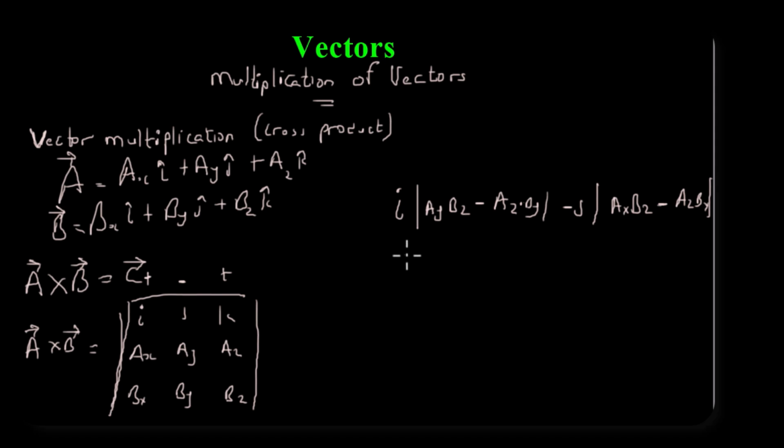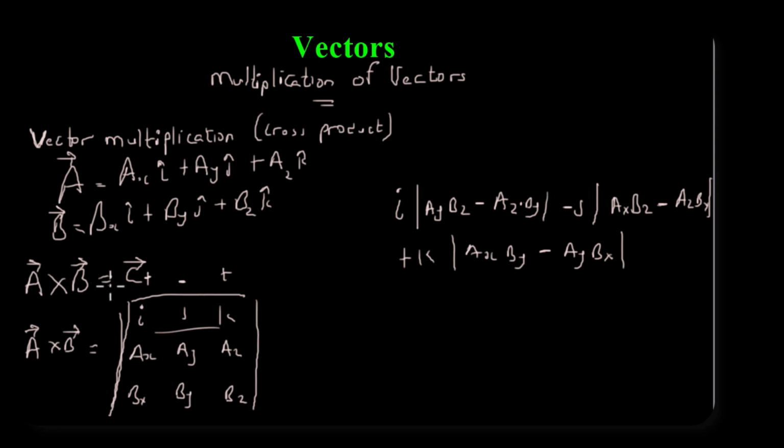And come to the last one, plus K. And do your parenthesis. So K, block the third column, block the first row. So what am I left with? AX, BY, AY, BX. So apply the leading diagonal, AX, BY, then subtract it from the backward diagonal, that is AY, BX. And then we get our I, J, K components of our C vector.